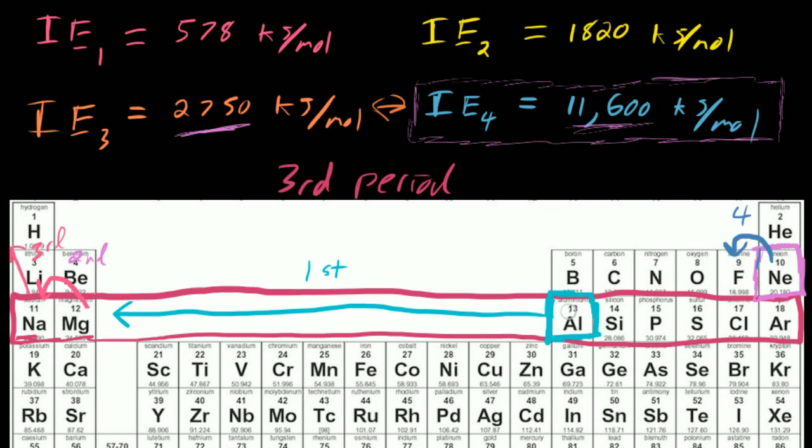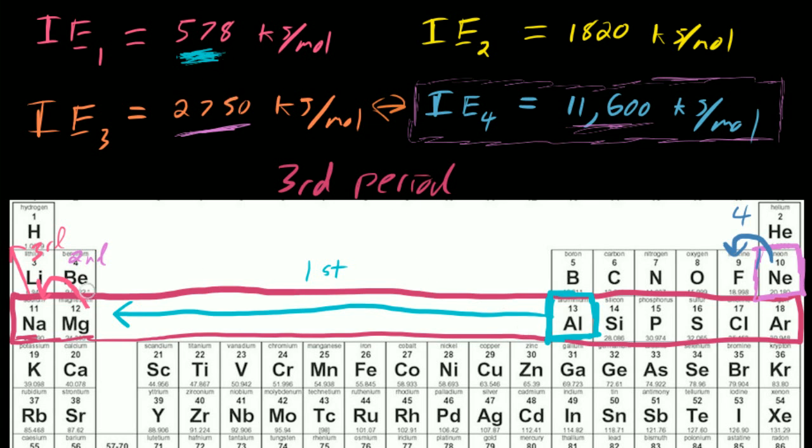And you can think about it this way. Aluminum has got 3 valence electrons. Even though aluminum wants to lose 3 electrons, that's the easiest way for it to get to a noble gas electron configuration, we still have to put energy into the system to get it to actually do that.